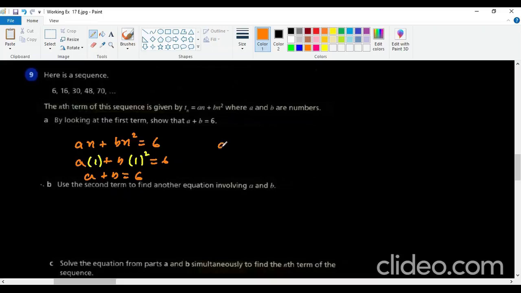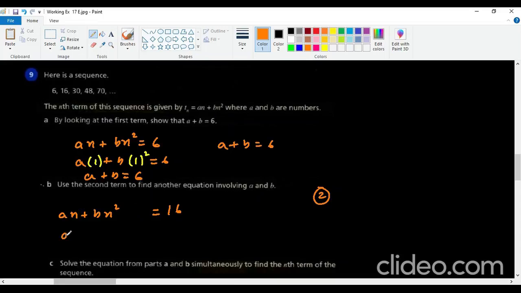Now a plus b equals 6. Now use the second term to find another equation involving a and b. Now look at the second term, which is 16. Remember this 2, the second term we are talking about. That means an plus bn square, and in place of n we are going to write 2.